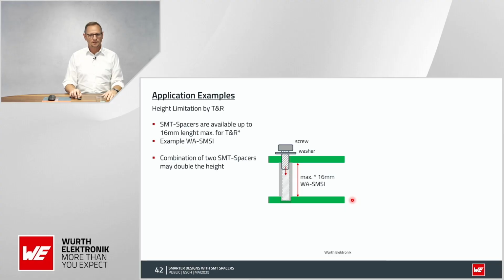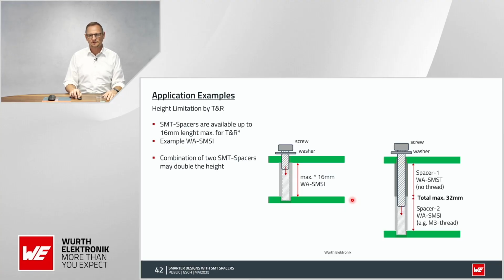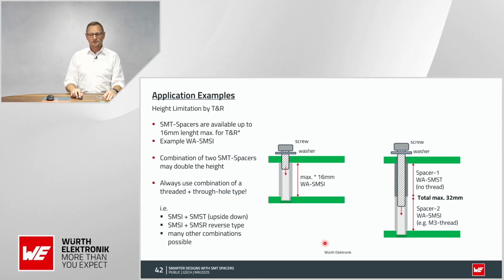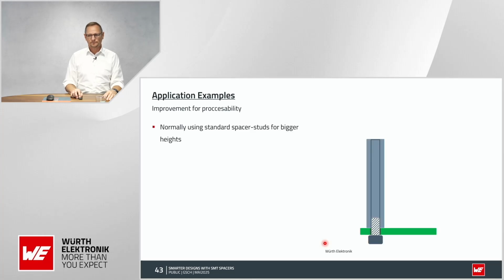Some height limitations. The maximum height is 16 millimeters. If this is not enough for you, then you can use two of the spacers, one on top, one on the bottom, and you reach 32 millimeters. But always take care that you don't take two with a thread. One should be unthreaded, one should be threaded, so you can easily screw it together.